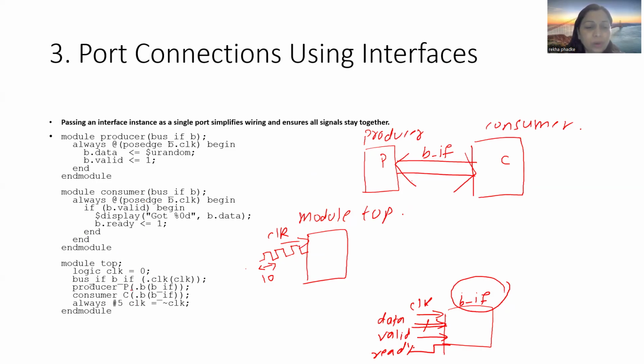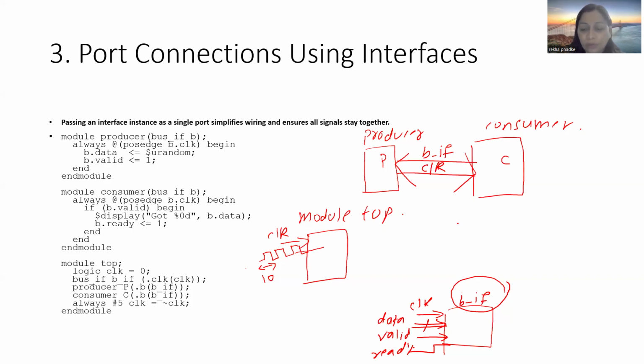So producer P gets instantiated, the interface gets passed as a parameter to producer, then always at posedge of B dot clock. Now this clock belongs to B, right? Because this has clock as its parameter which is being passed, right?